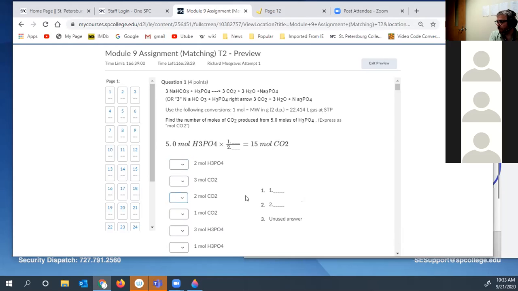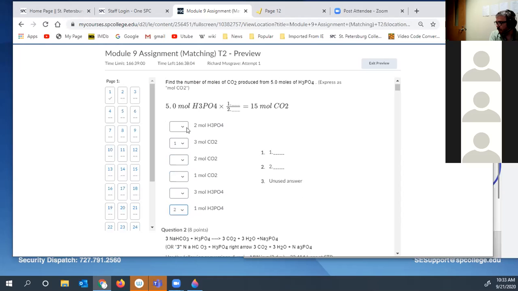Well, we're going from moles to moles, so moles of CO2 will be on top, and it's going to be 3 moles of CO2 from the reaction. That's going to be number one. And then we need moles of H3PO4. That's 1 mole of H3PO4 is the other one, so that's number 2. And then all these need to have 3 as the unused answer.